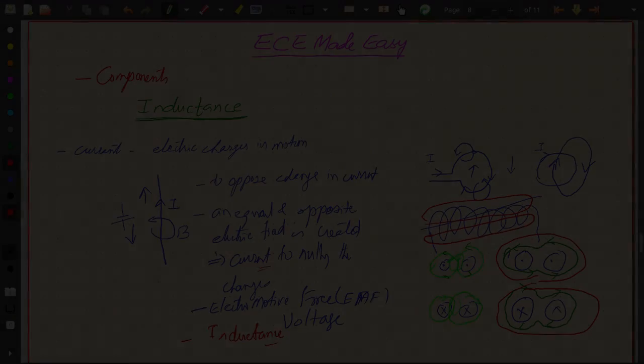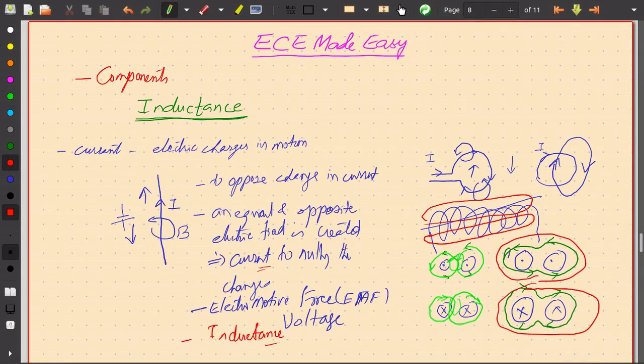Inductance is the effect of the magnetic field produced due to the current flowing in a conductor, and if the conductor is made into the shape of a coil, then all the magnetic field at every point on the conductor gets cumulated, and one cumulated magnetic field is created.